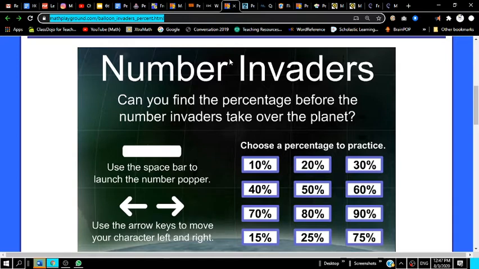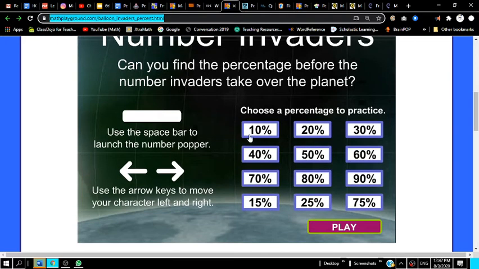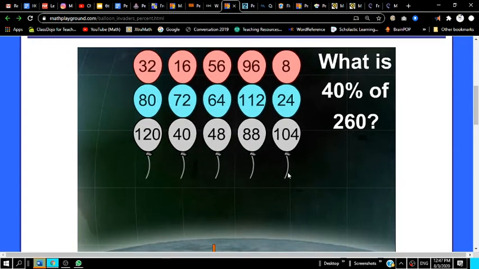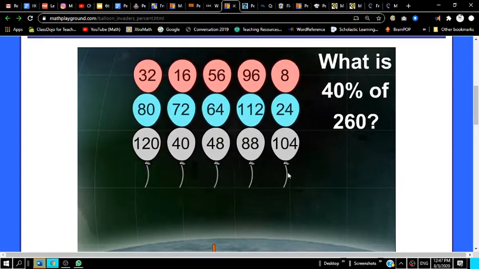Here's a fun game. It's called Number Invaders. You have to find the percentage before the number invaders take over the planet. So use your space bar and your arrows to practice. Choose a percentage to practice. Let's practice 40%. Play. All right, what is 40% of 260?